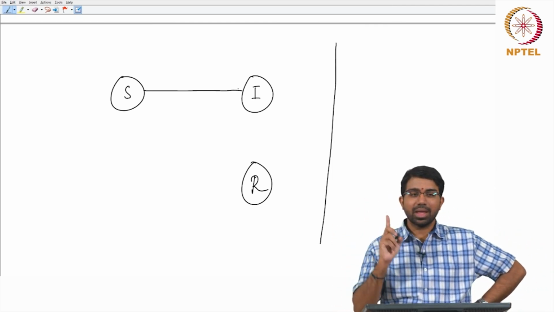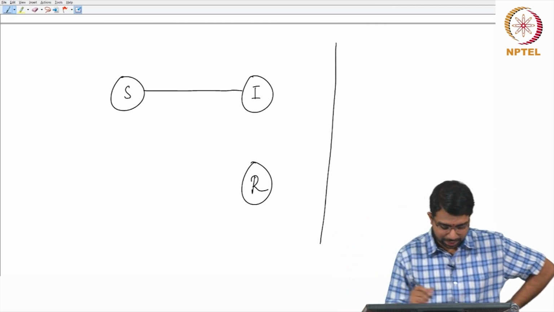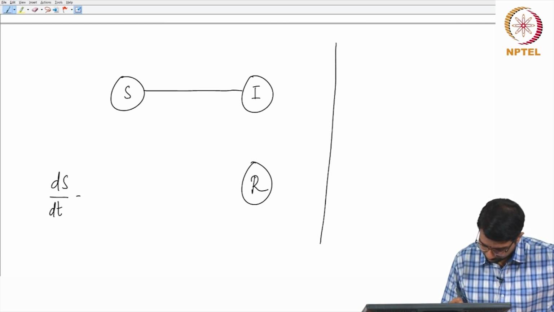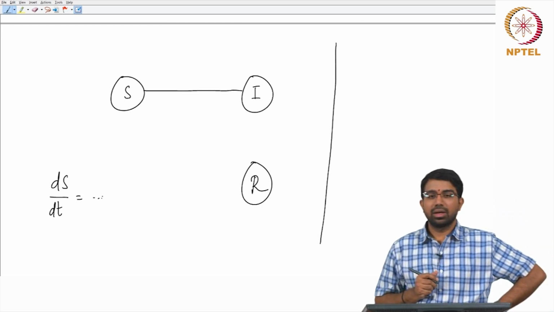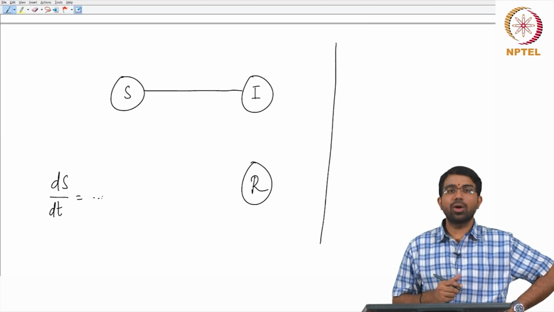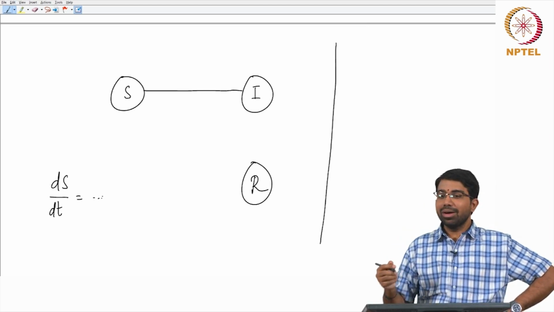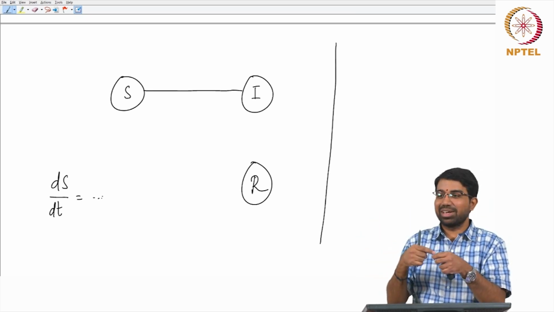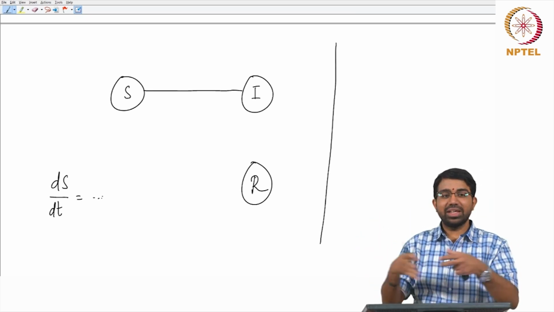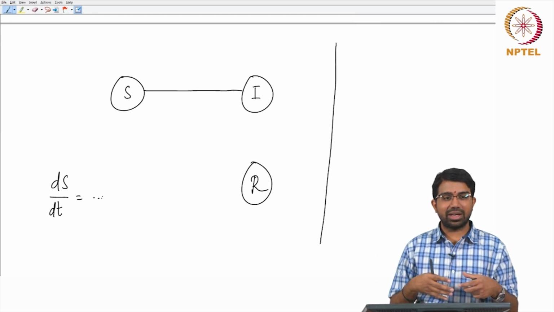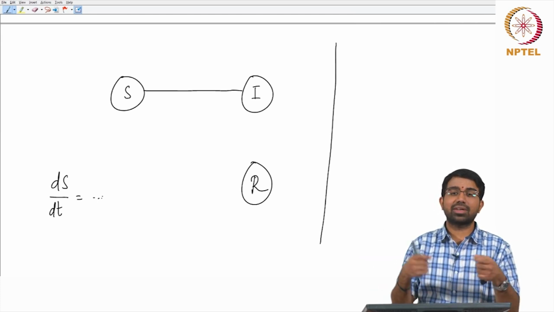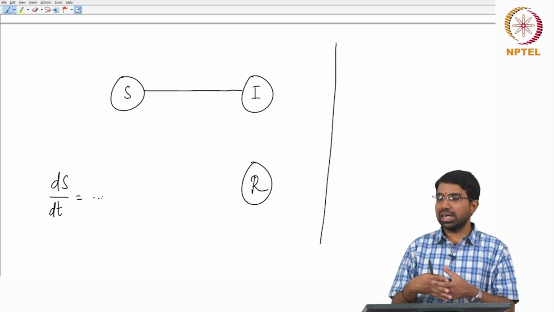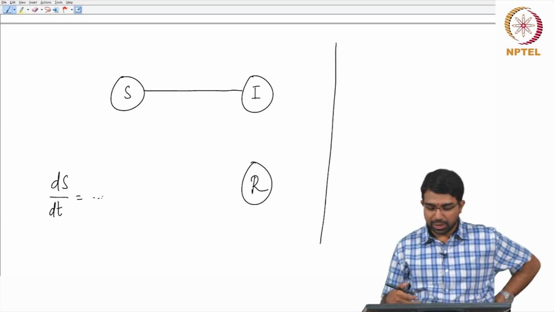So if I have to say something like dS by dt is something, what would my assumptions be? The people are well mixed in a reactor, right, it is the equivalent of that. The people are very likely to interact, everybody is equally likely to interact with everybody else, right. There is some sort of uniform probability of interaction between the people, right.